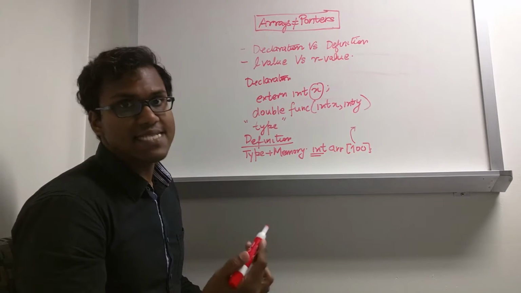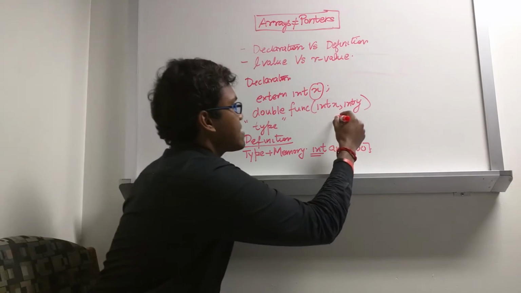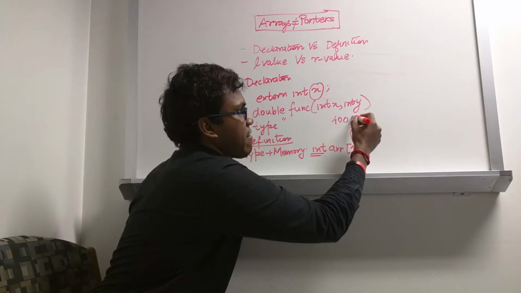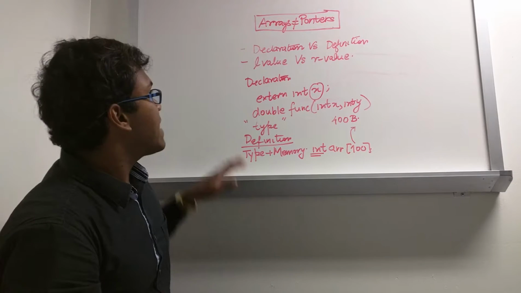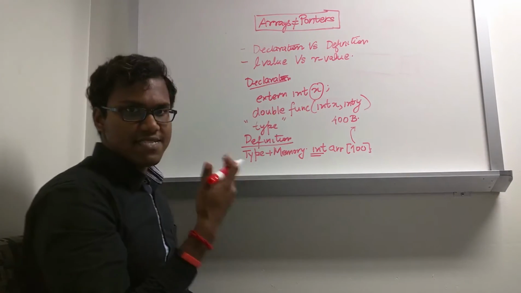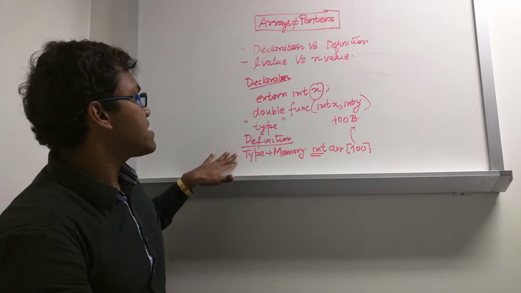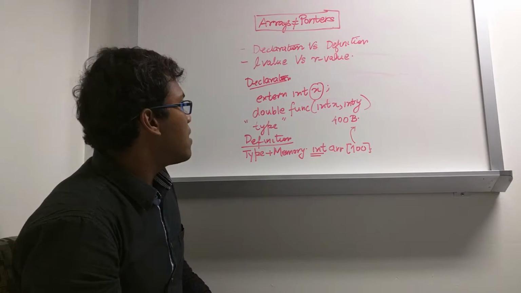So let's say each of the integers is of size 4 bytes. So in our case, this entire array will take 400 bytes. So that is a definition and that is a declaration. So a declaration just gives the type, and a definition also does the additional job of reserving memory for that particular thing.